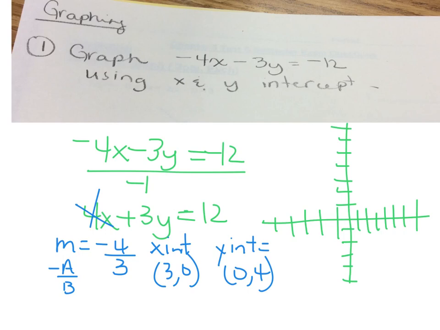So when I go to graph these, my x-intercept is here, my y-intercept is here. If I want to find some more points, I could go up 4, left 3, or I could go down 4 and right 3. So here is your graph, and of course on the exam you'll have graph paper.